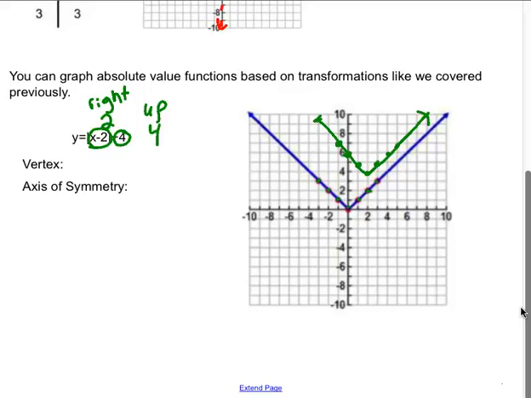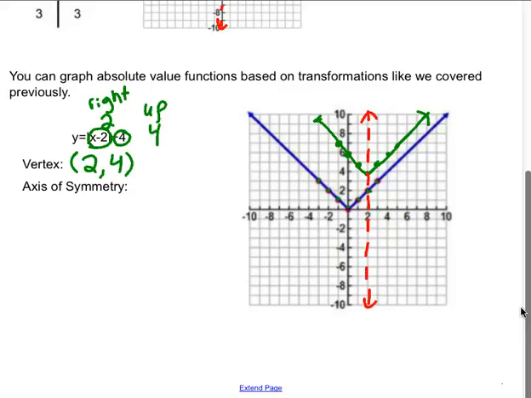Okay, so now where did my vertex end up? Well, my vertex ended up following that exact pattern. My vertex started at 0, 0, then went right 2 and up 4. My axis of symmetry, where's the line that cuts my new graph in half?